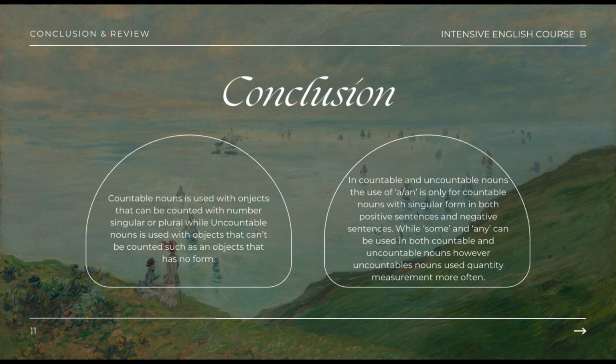The use of a or an is only for countable nouns in singular form in both positive and negative sentences, while some and any can be used with both countable and uncountable nouns. However, uncountable nouns also use quantity measurements more often.